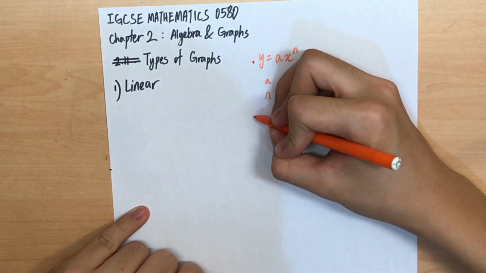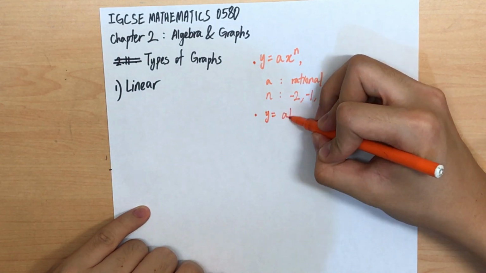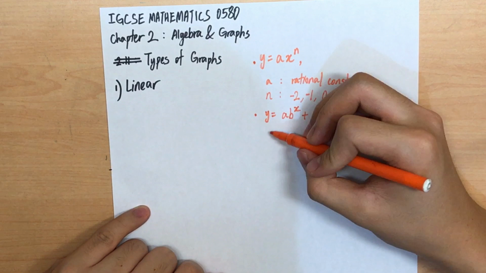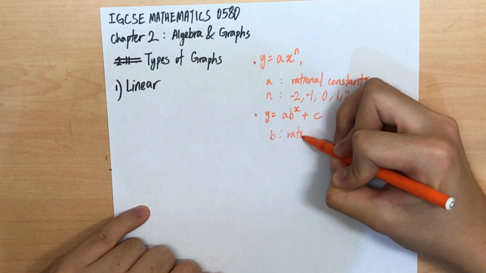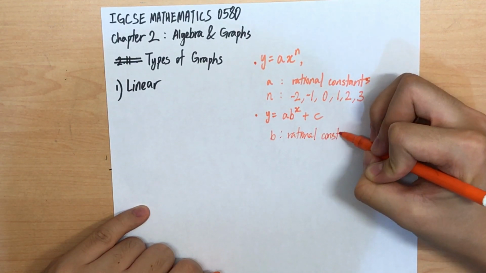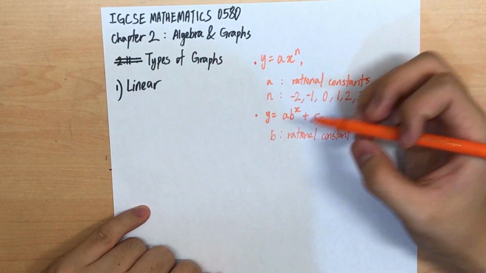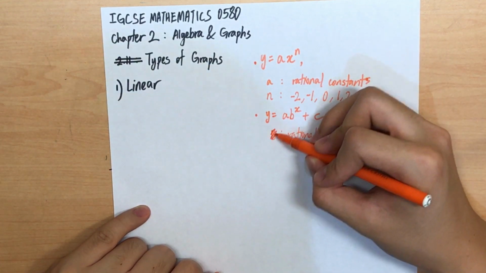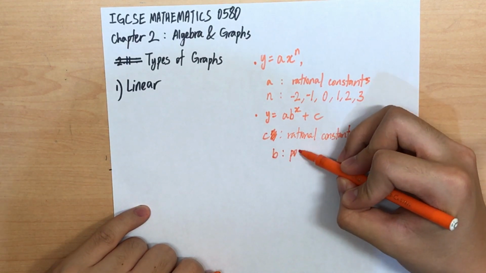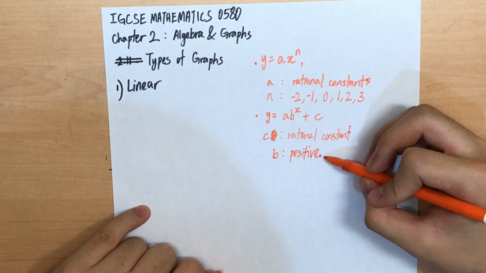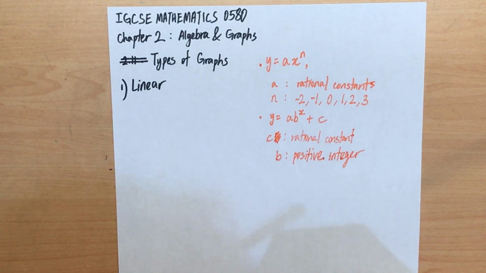This is one type. Another type is y equals a, b to the power of x, plus c, where a is a rational constant, c is a rational constant, but b here must be a positive integer, or else the graph is not considered valid.